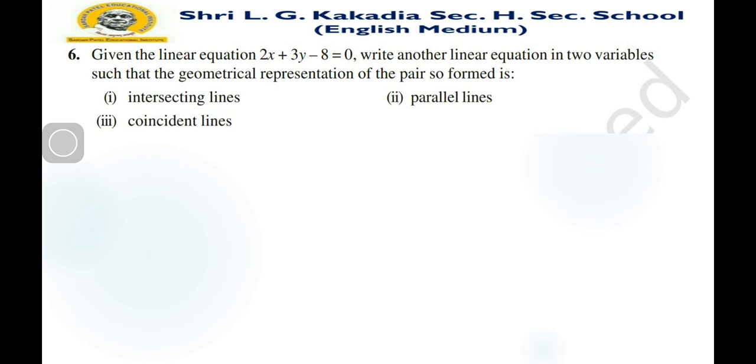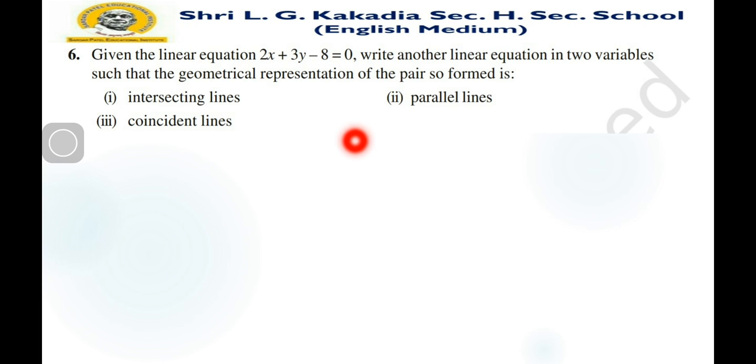If we take one example, then both lines are intersecting lines. If we take another example, then they should be parallel to each other, and if we take a third example, then they should be coincident lines. So here we find three solutions.